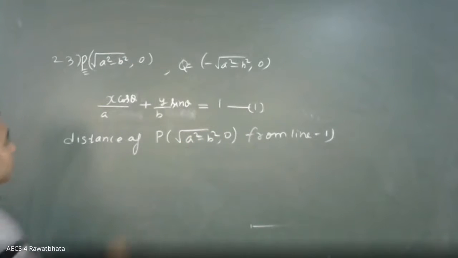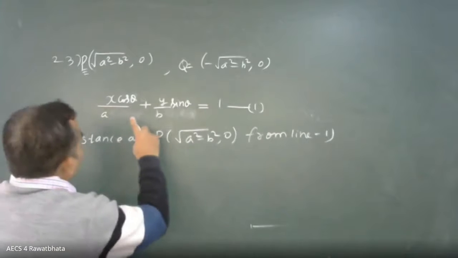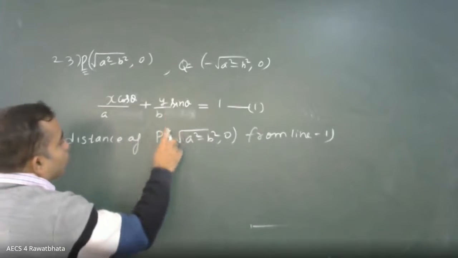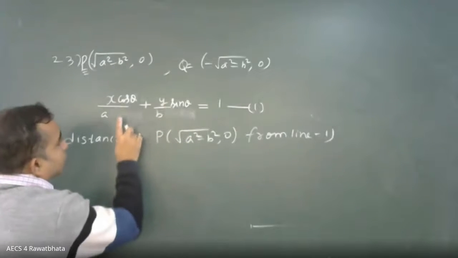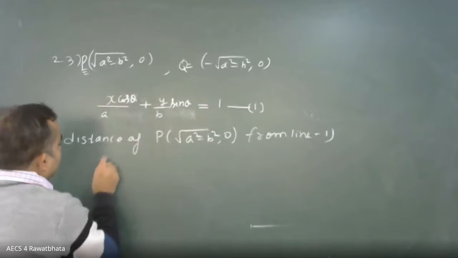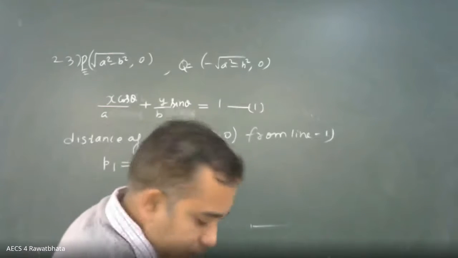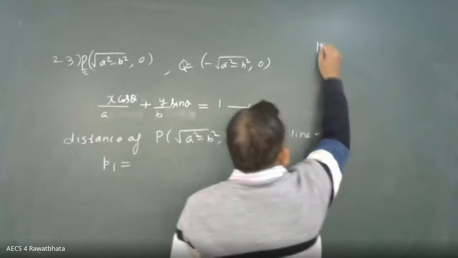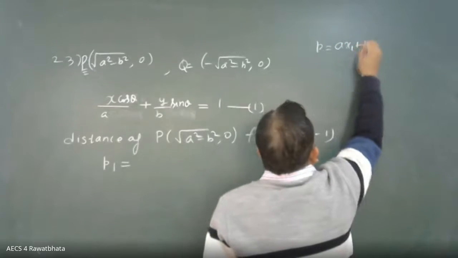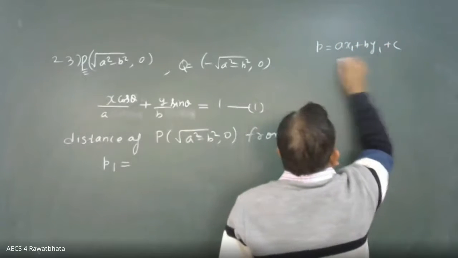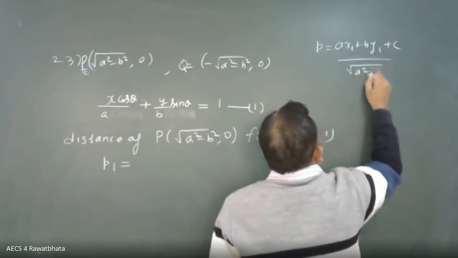This is the question. So if you apply (ax1 + by1 + c) whole upon root a square plus b square, this distance of P from this line, P1, will be how much? You should remember this formula.